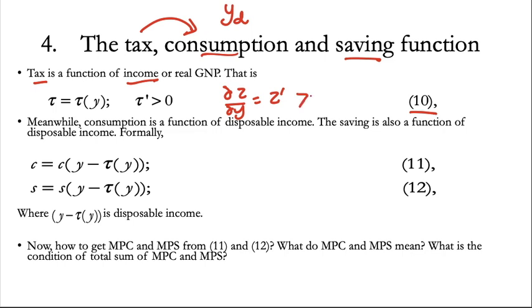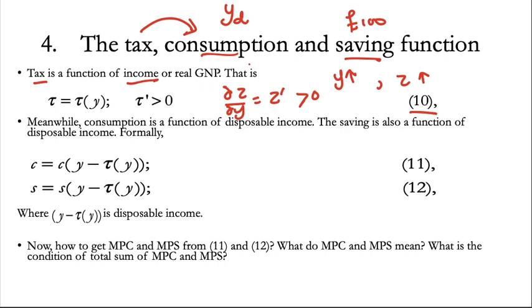Based on theory, it is positive because if real income increases, then tax on income is also increasing. Now remember, this tau is in the form of an amount, like 100 pounds or 100 ringgit, not in the form of a rate or percentage. So tau here is not the tax rate.